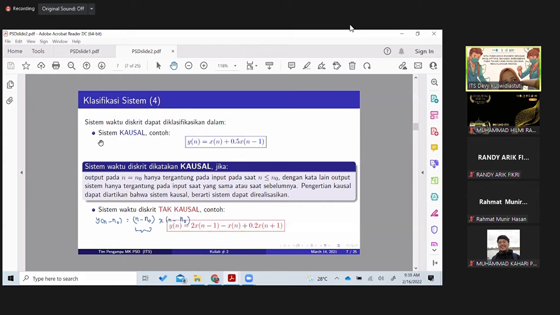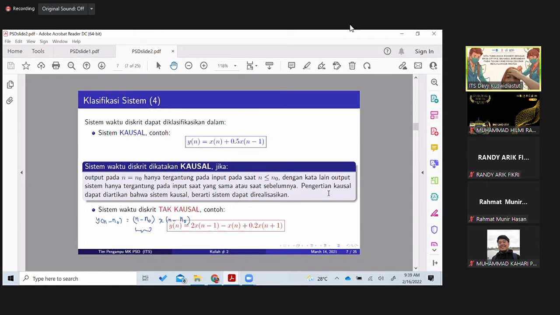How you consider a system causal or non-causal depends on this condition. The system is causal if the output at a certain n equal to n0 only depends on the input at n less than or equal to n0.